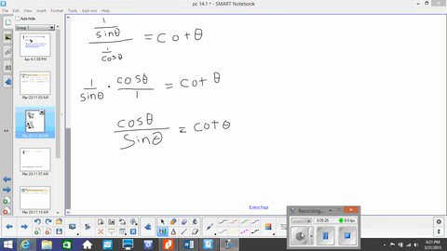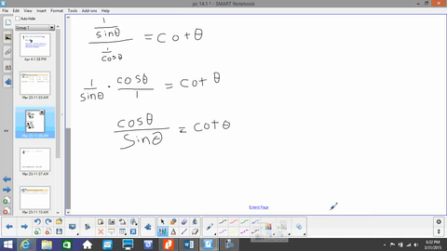Well, from our identities, we know that cosine over sine is cotangent. So we just proved that one side equals the other side.